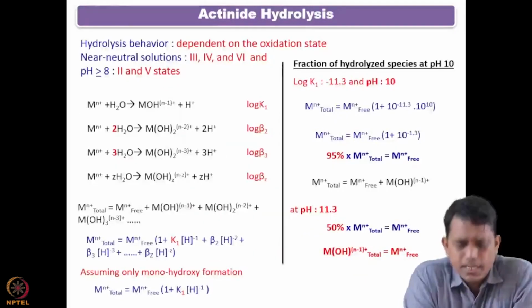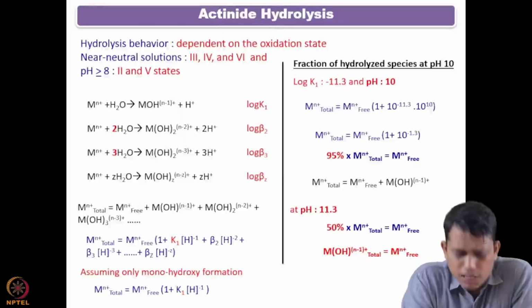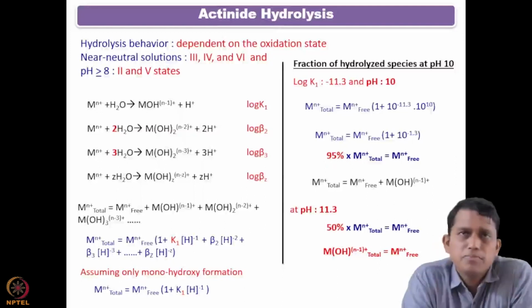So now the question arises: we know something about the hydrolysis. We know the trend, that the trivalent has a very high hydrolysis constant compared to either the divalent or monovalent. But suppose somebody asks me, what is the fraction of hydrolyzed species that is formed when I am doing some reaction at a given pH? How can we calculate this value?